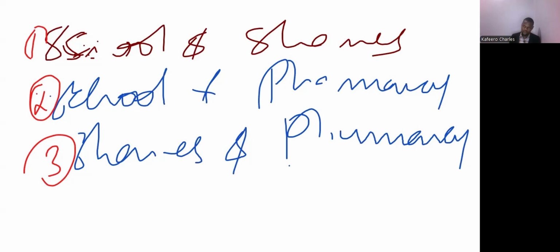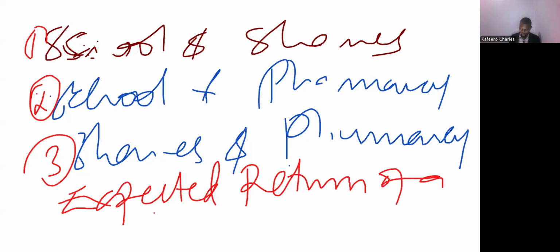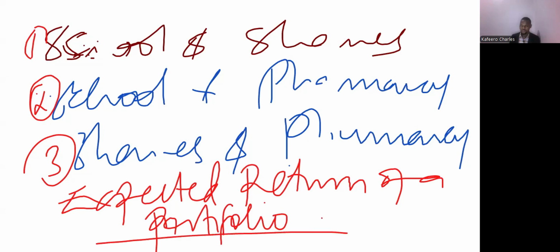So how do we compute the expected return of a portfolio? In other words, when we have 2 investment projects.